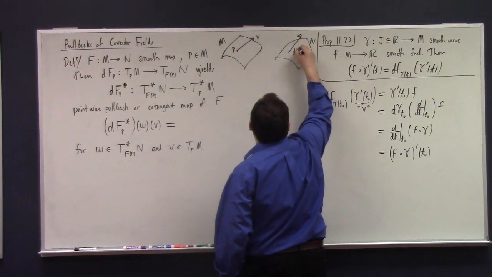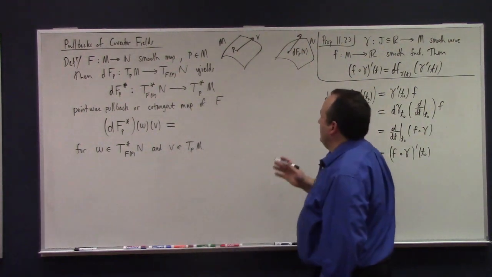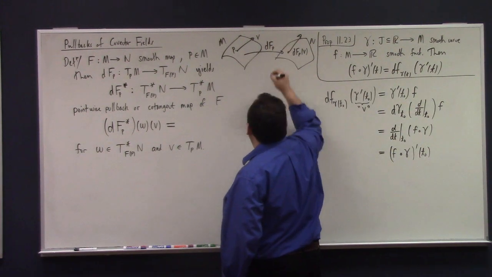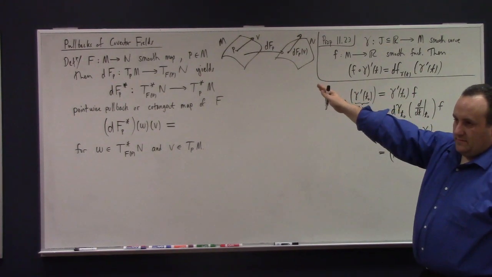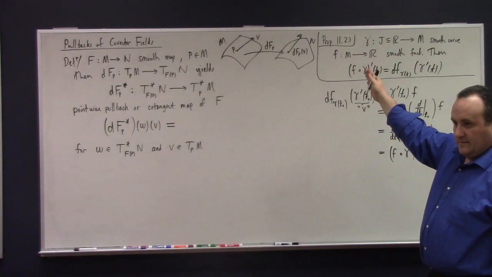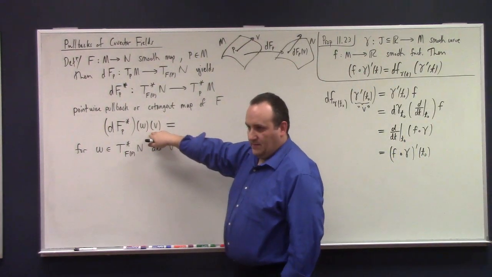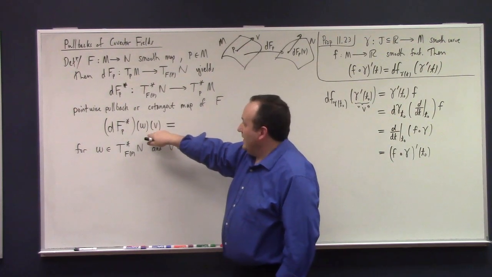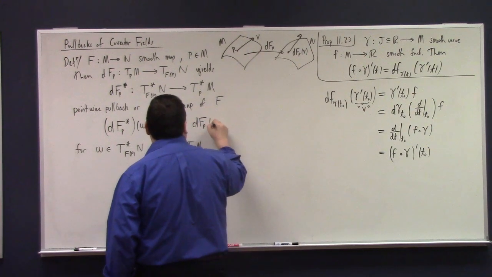So the push forward of the vector v under f, like this, df_p: I take my tangent vector to M, and I get a corresponding tangent vector to N, right? So if one of my inputs is a v, I can convert that to a tangent vector on N by taking the differential of f at p, letting it act on v.